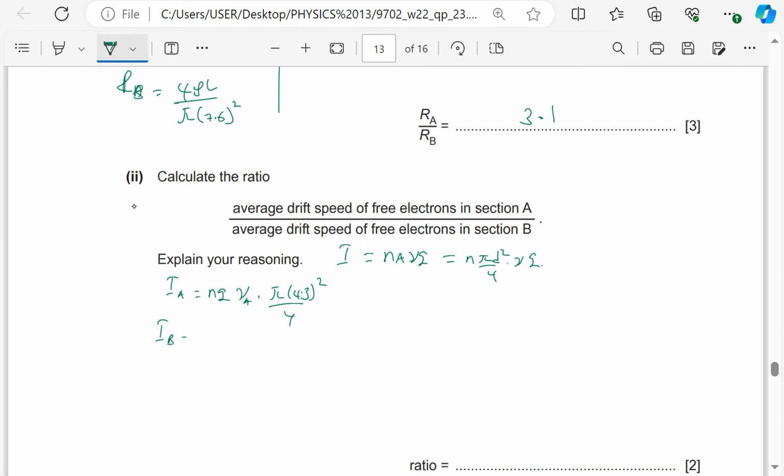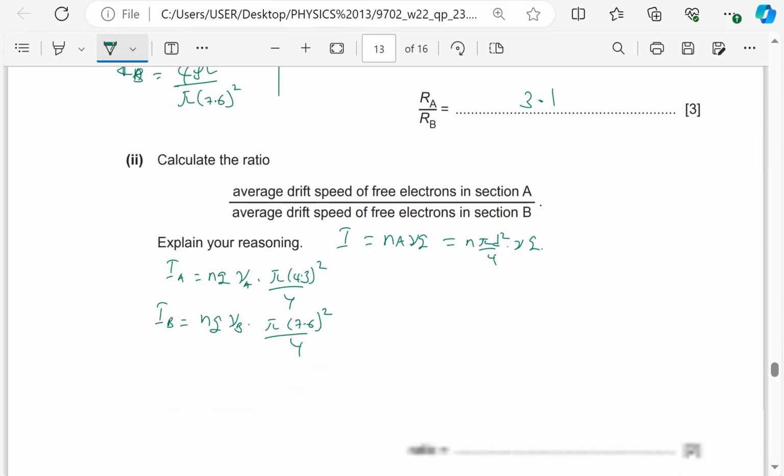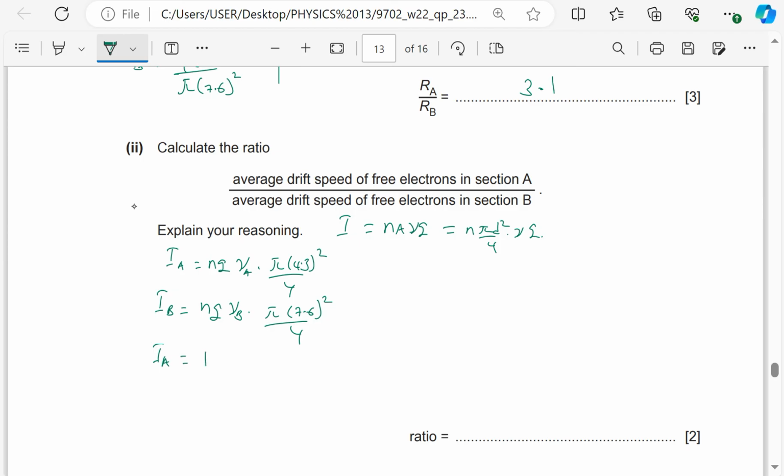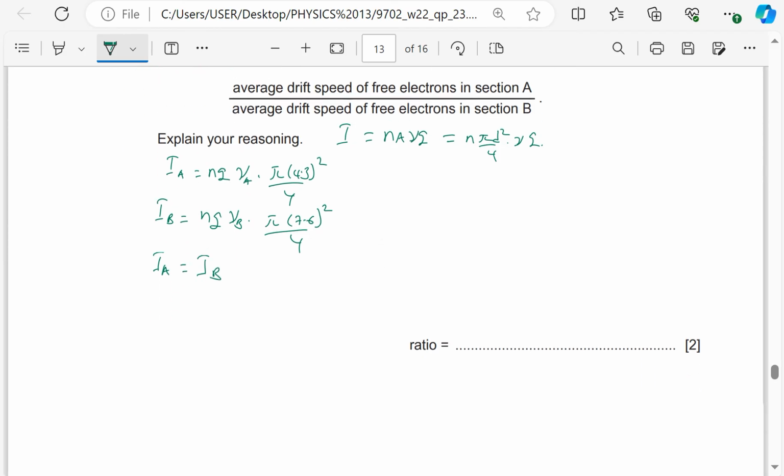Then I for B is going to be equal to NQV for B times pi 7.6 squared divided by 4. Remember, the two sections are in series, so IA is the same as IB. So I'll just equate the two, and NQ cancels out. So I'll have VA times pi over 4 times 4.3 squared is equal to VB times pi over 4 times 7.6 squared.